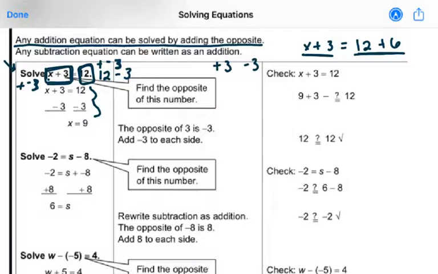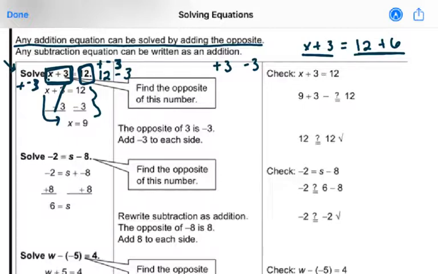Well, positive 3 minus positive 3, what is that? That's 0. A lot of people like to say cancel. I don't really like that term, but you're eliminating something because now it equals nothing. So we're left with x, and we just drop x down. So now x is equal to 12 minus 3, which is 9.